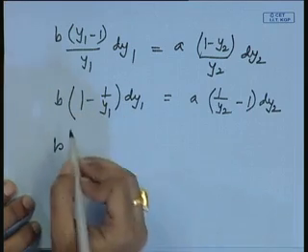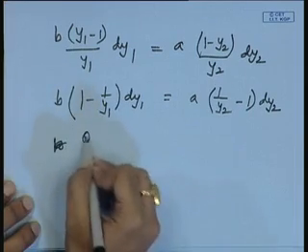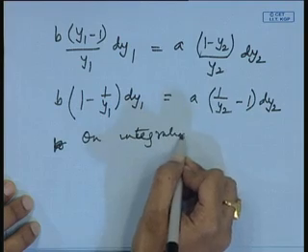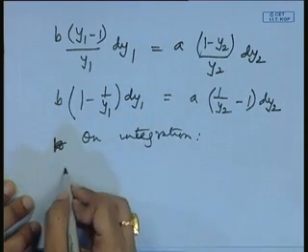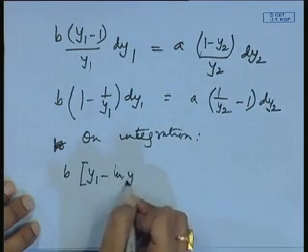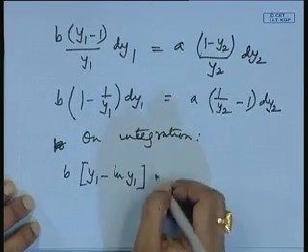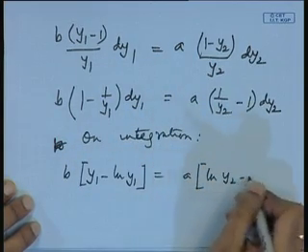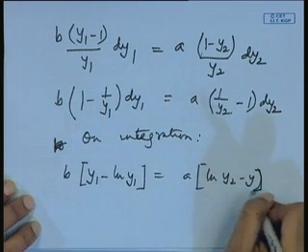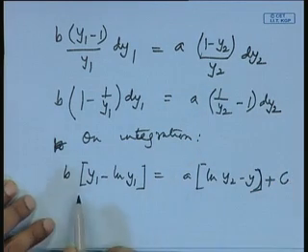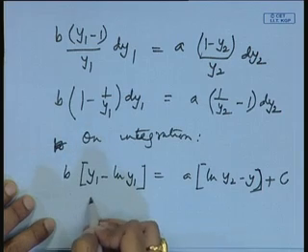So, if I integrate this, on integration I get b(y1 minus ln y1) equals a(ln y2 minus y2) plus c. C is a constant over here. So, now I can convert this into exponentials.